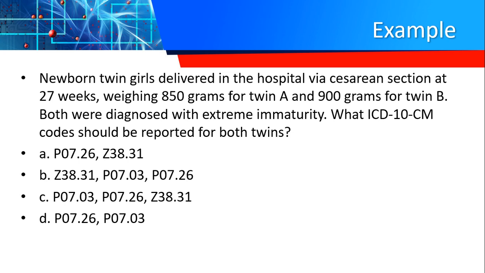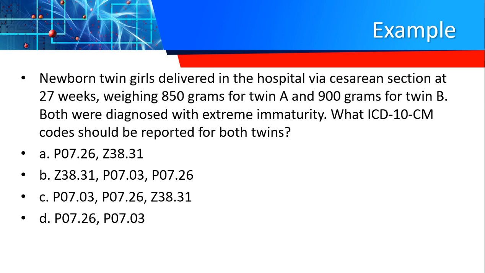Okay, now the question is, in this scenario, the problem here is the newborn is only 27 weeks, meaning it's short with the gestation, because normally it should be 28, 29, 30, 31 weeks. Okay, this is the normal weeks.